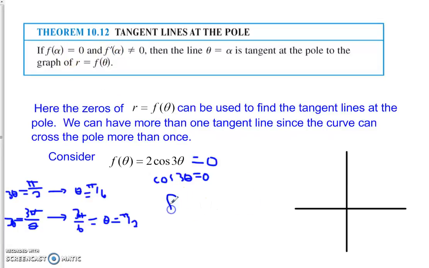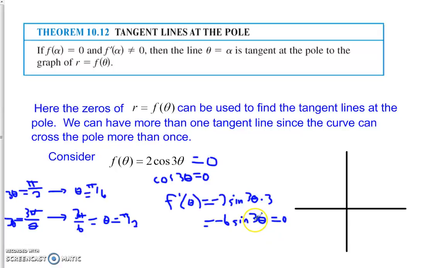So now we're going to look at, and these aren't exhaustive, these are just the first two. So what is f prime of theta? That's equal to negative 2 sine of 3 theta times the derivative of the inside using the chain rule, which is 3. So that's equal to negative 6 sine 3 theta. And when does that equal 0?